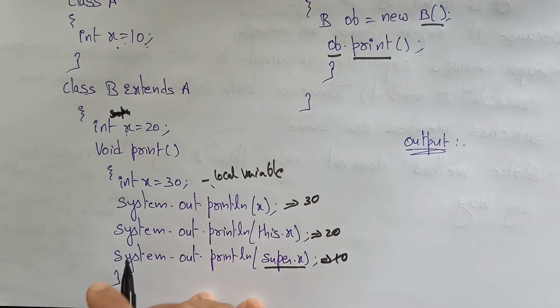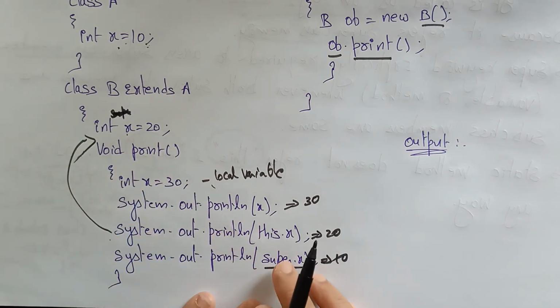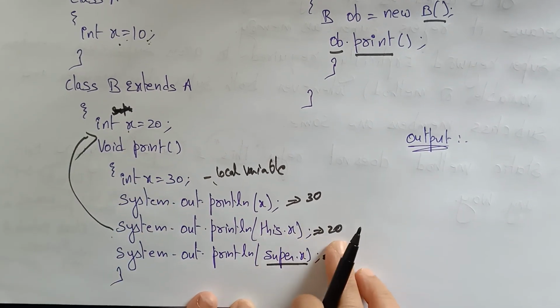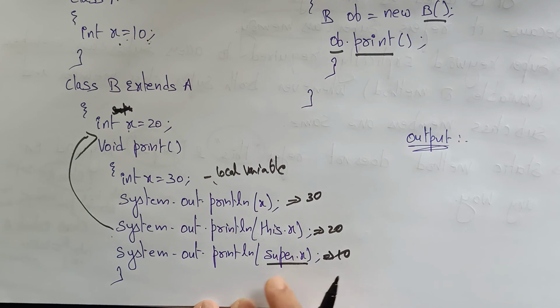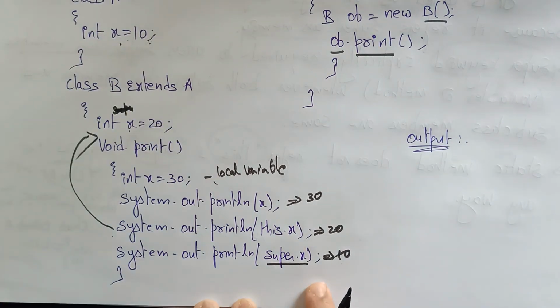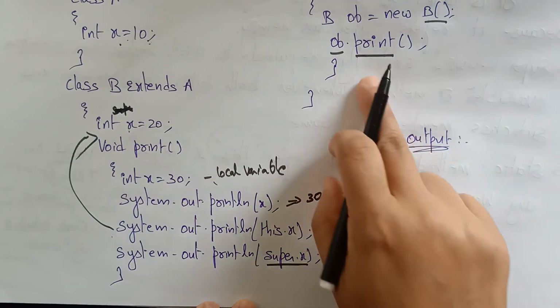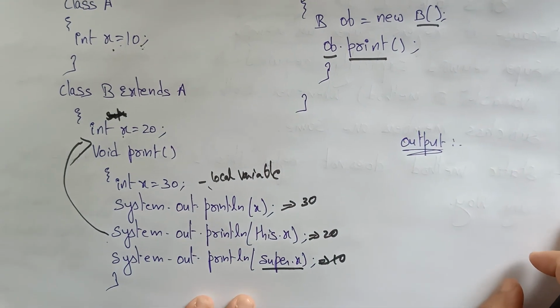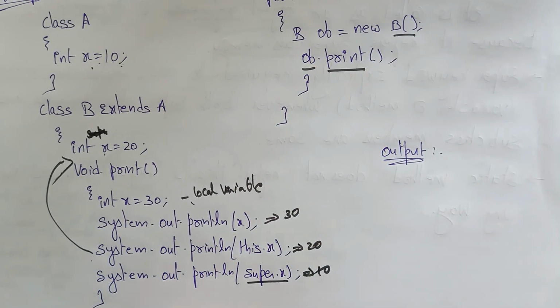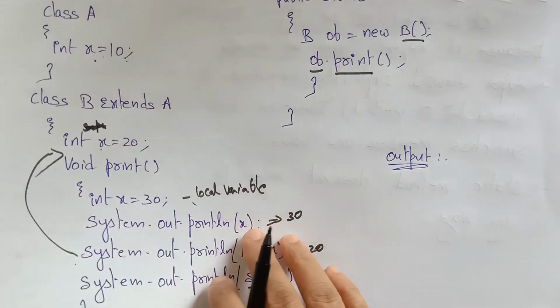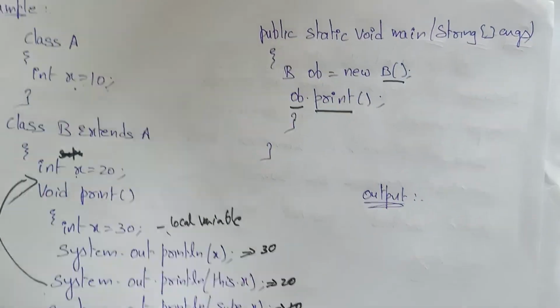Super.x means the super class variable is going to be printed whenever you call the print function. So this is what happens here. Let's work on another program in the editor. Thank you.